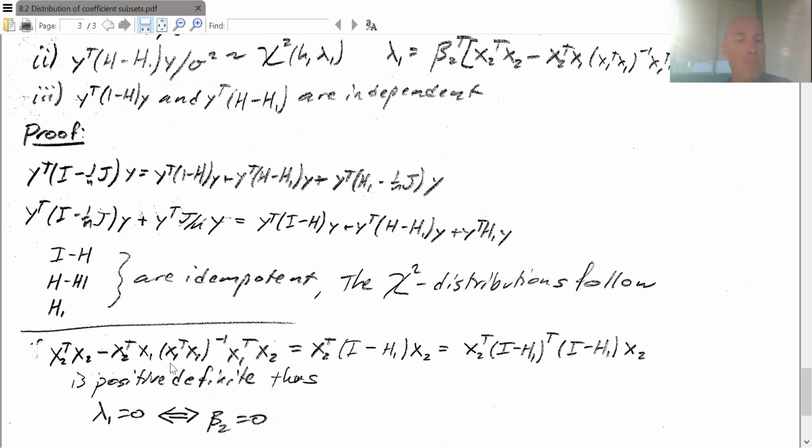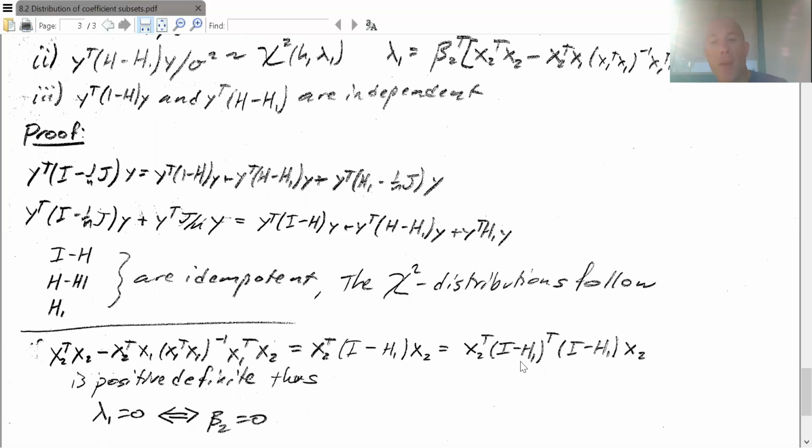Now this term is equal to this. So the middle term, I recognize that I have a hat matrix in the middle, and then I factor out the x sub 2's. I realize I have idempotency in the middle, and symmetric, so I can rewrite it in this format. In this format, I can see that this is, in a funny way, the dot product between a vector and itself, which means I have positive definite.